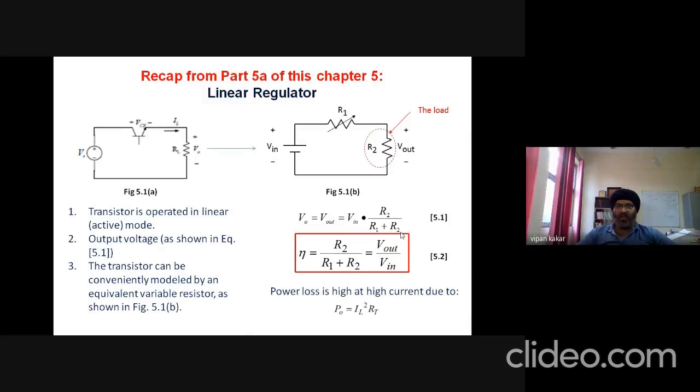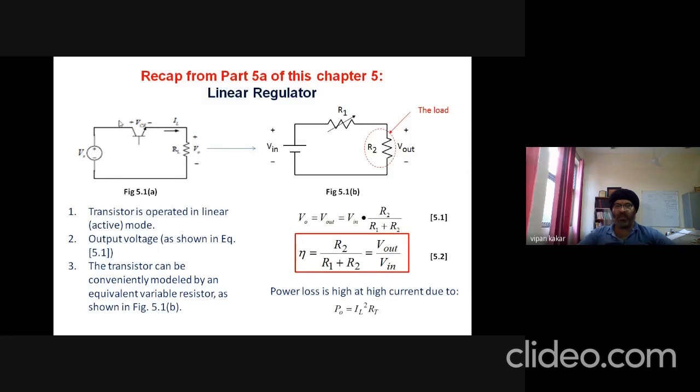But just to summarize or recap from the last section, part 5a, so that we can have a smooth transition from linear regulators to the switched converters or switched regulators. In a linear regulator, as we discussed, using a simple circuit, we have a source connected to the load through a switch.